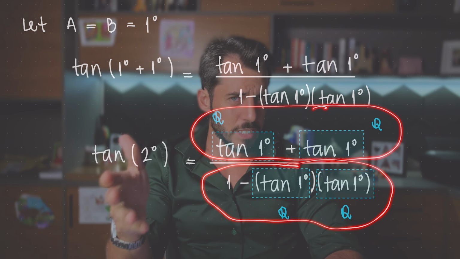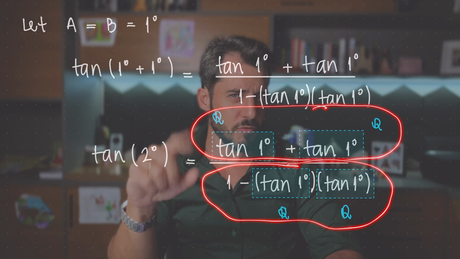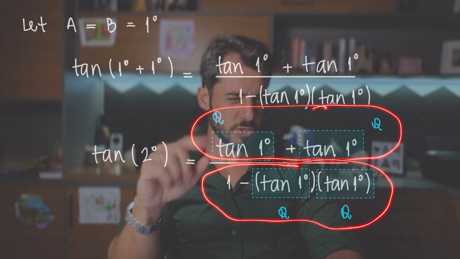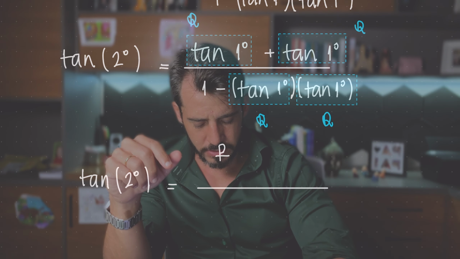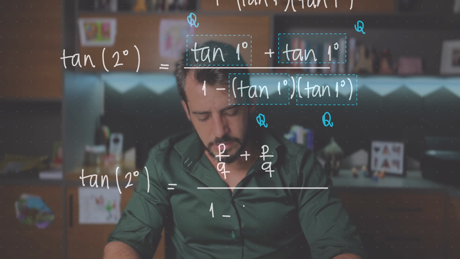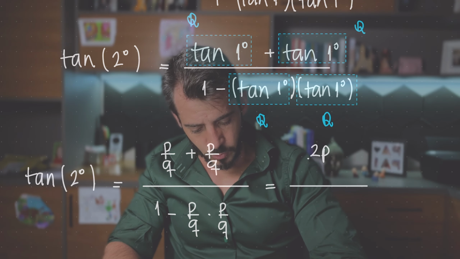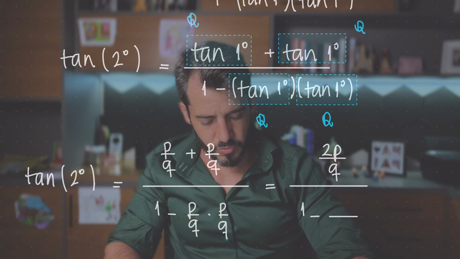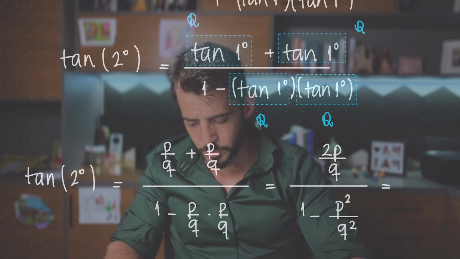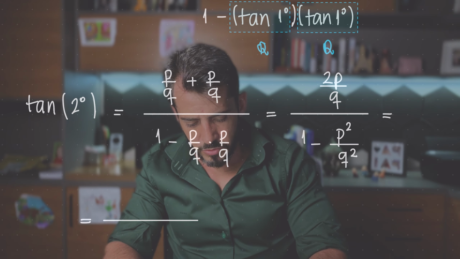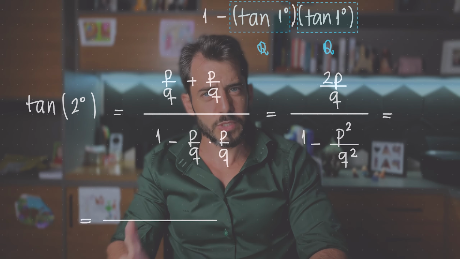But let's also get there by replacing tan of 1 degree by p over q, just this time. So tangent of 2 degrees is p over q plus p over q over 1 minus p over q squared. So we get 2p over q over 1 minus p squared over q squared. Now the algebraic process here does take a few steps, so that's why we're only going to do it this time.